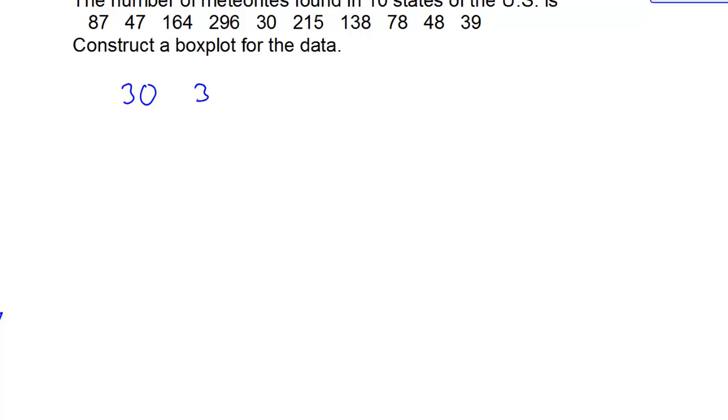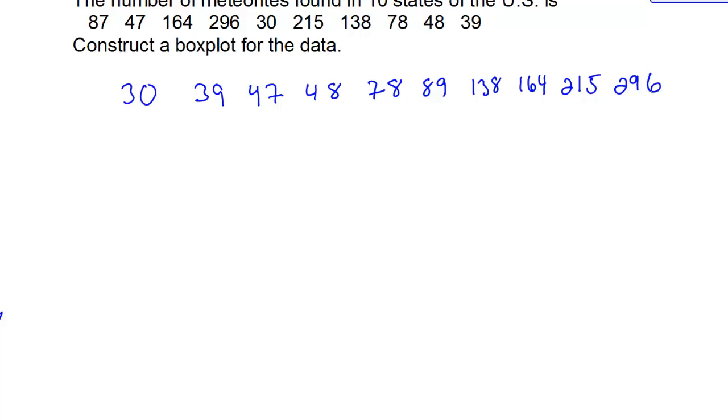We have 30, 39, 47, 48, 78, 89, 138, 164, 215, and 296.